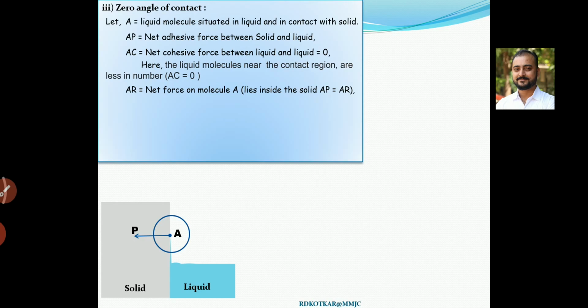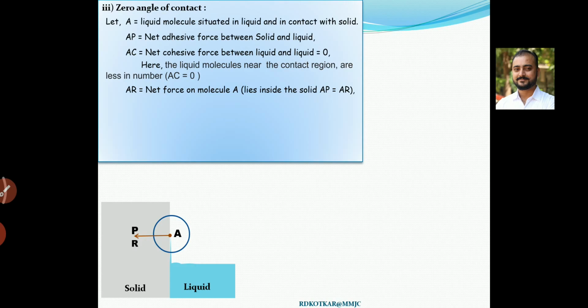But as you observe in this case, AC has 0 value, means the cohesive force is 0. So the adhesive force has a certain value, and the resultant force or net force on molecule A lies along the same direction as that of AP, and that's why I have written AP equals AR, which is shown in the diagram.